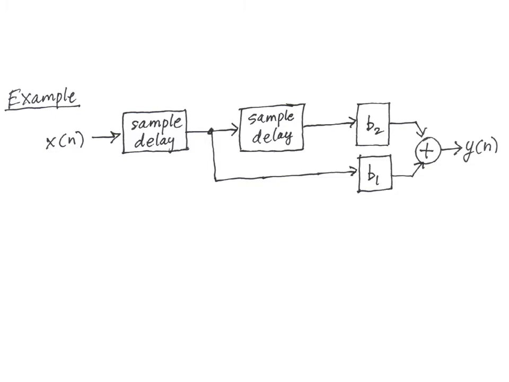That gets delayed again, passing into the second sample delay unit, so that its output would be x[n-2]. Then those signals that are here noted in blue are scaled by constants b1 and b2 and added together to give us y[n]. This gives us a difference equation describing this network diagram.